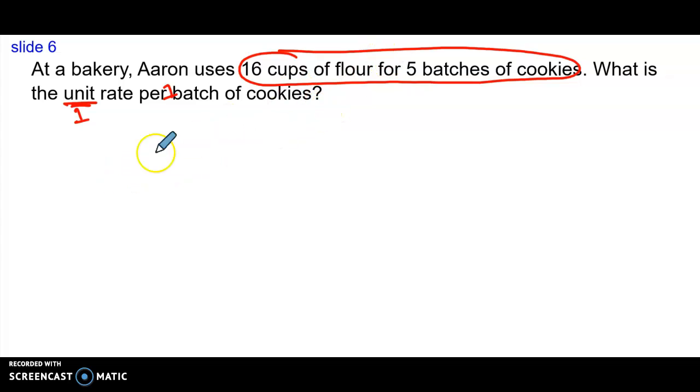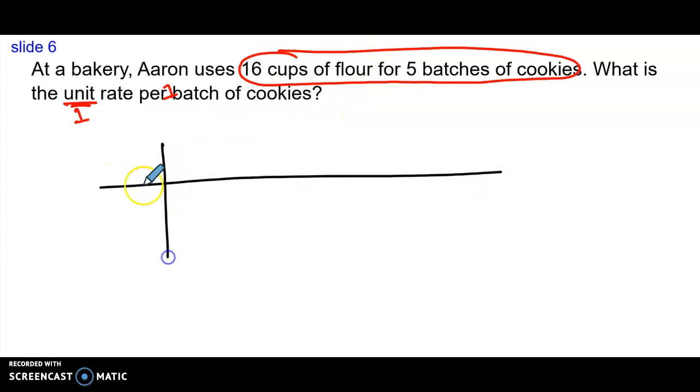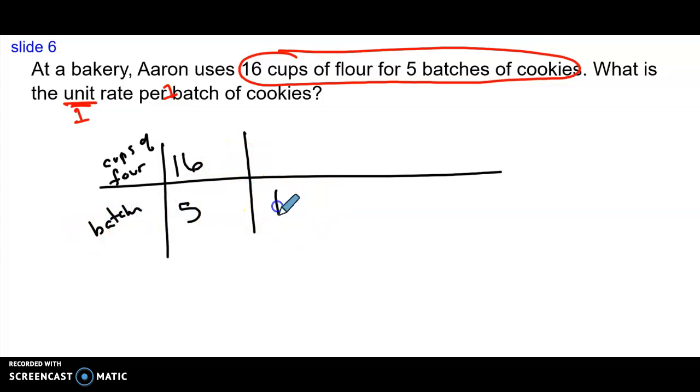So let's look at what we've got. I know it takes me 16 cups of flour for 5 batches of cookies. I don't want 5. I want 1 batch. Well, what are you going to do to get 1?